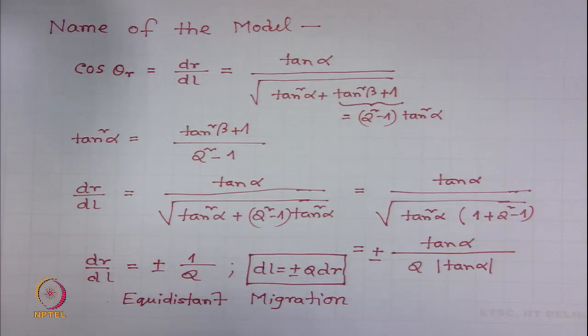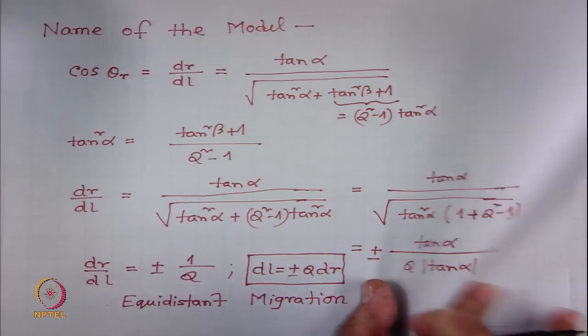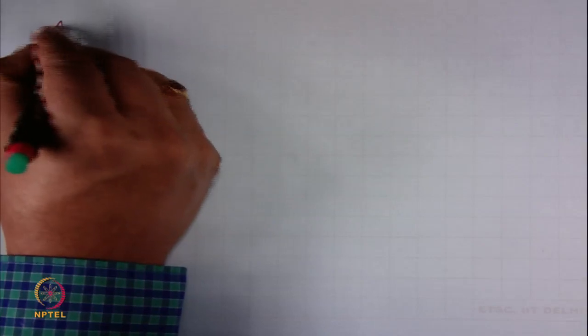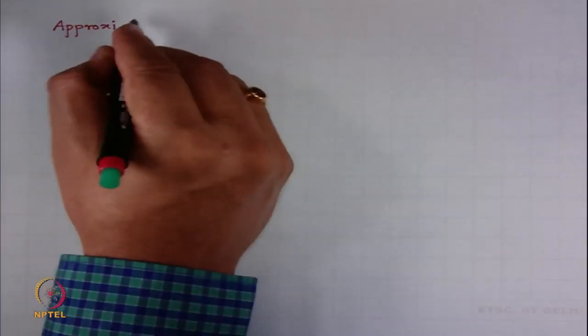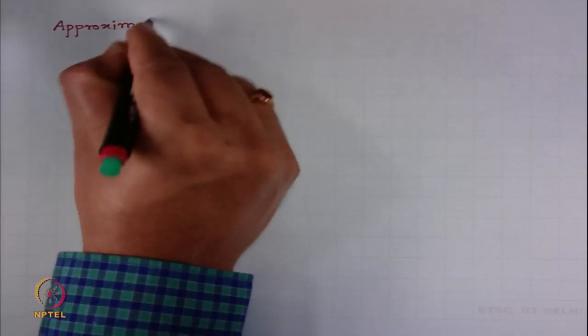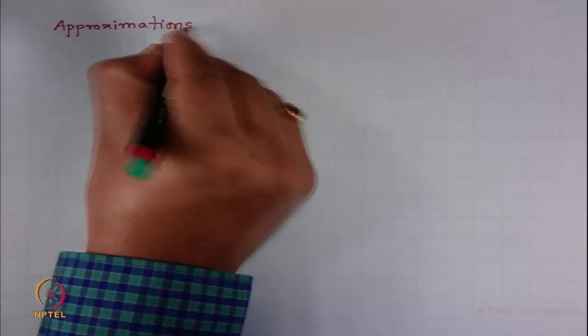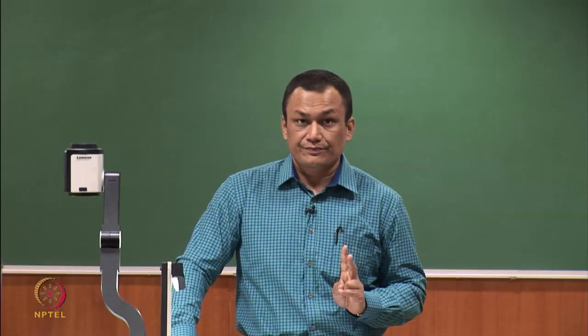Now, we will consider some approximations. If you remember, in Taylor's model also we considered two approximations.